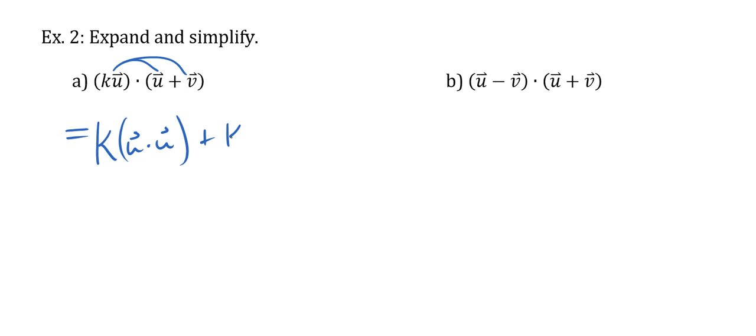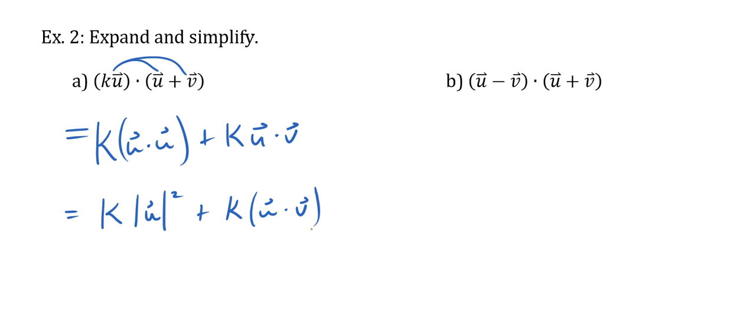Plus K U dot V. So this is K times the magnitude of U squared plus, I can't do much with this one, so I'll leave that. I could change that into the dot product formula, but in this case, there's not really a reason to.